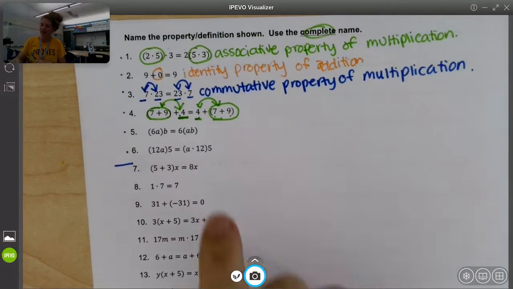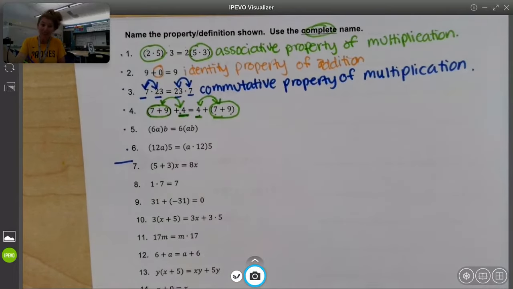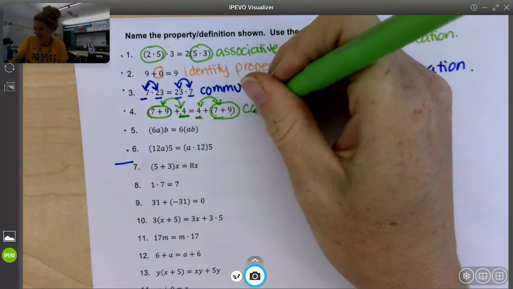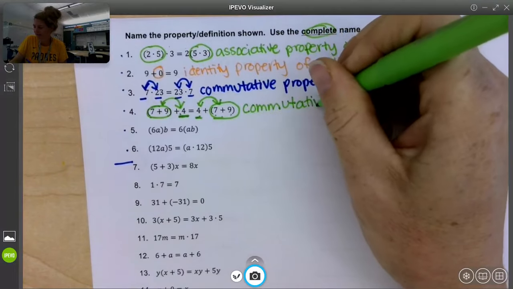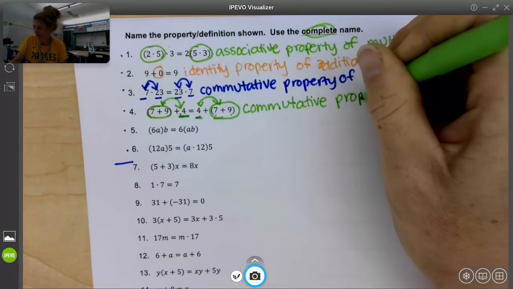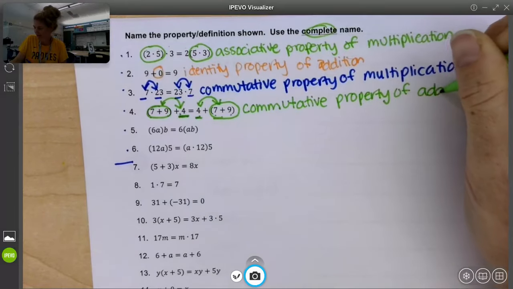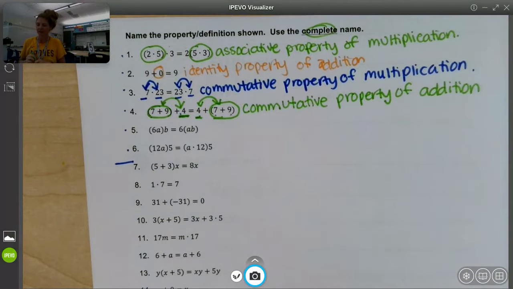Oh, but instead of just one number, it's this whole group of numbers. Did you know they could do that? So this is the commutative property of what operation? That's right, addition. So sneaky. Commutative property of addition.